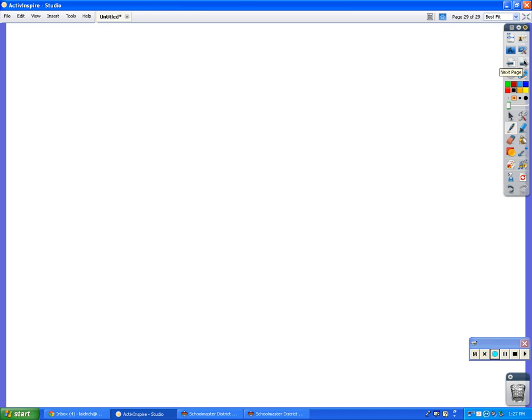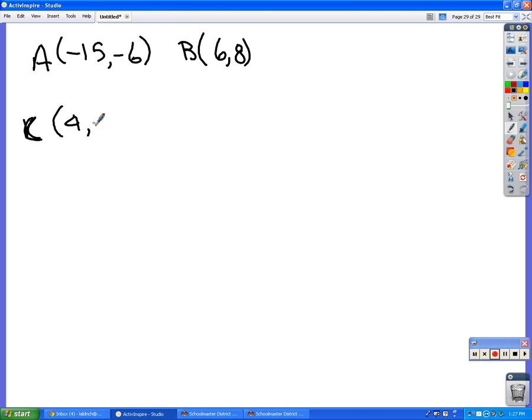So what we should be able to do now is take a look at a couple of points. For example, if I gave you point A at negative 15, negative 6, and point B at 6, 8, what you should be able to do now, without graphing, is tell me if I drew a line through points A and B, and then if I drew a line through points C and D, would those two lines be parallel?